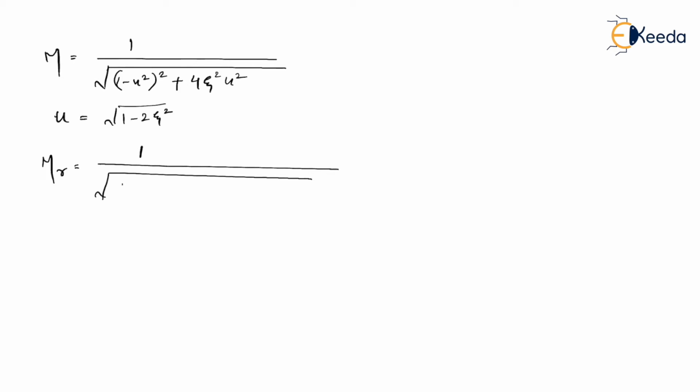Very simple. See, it is 1 minus u square, but u square is what? It is 1, it will become minus of, or I would say plus of 4 zeta to the power 4, plus the second term we have 4 zeta square, and if I again substitute u square, it will be simply 1 minus 2 zeta square.